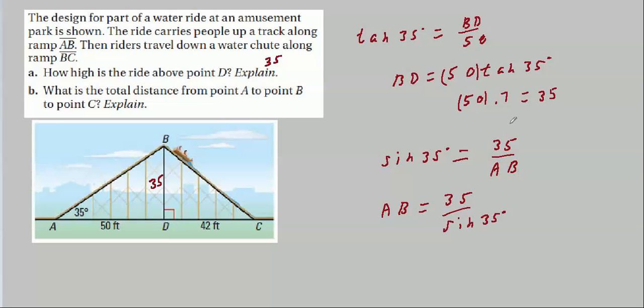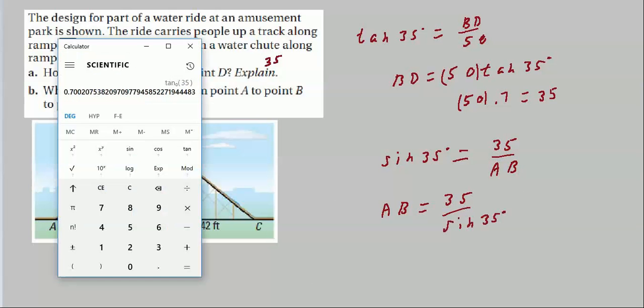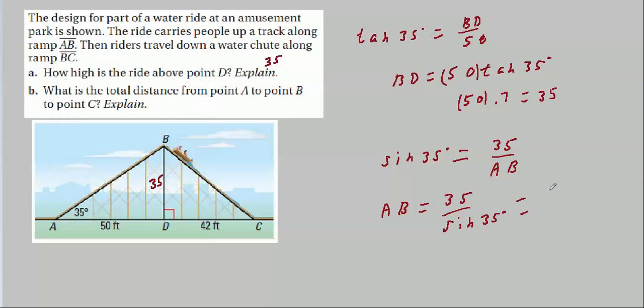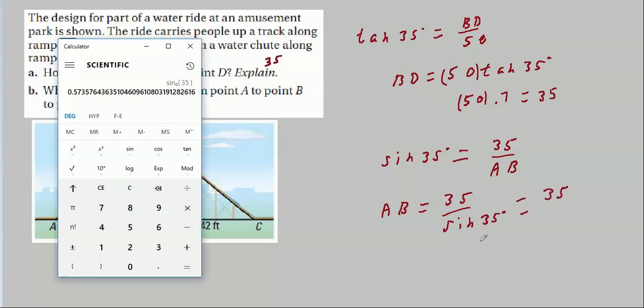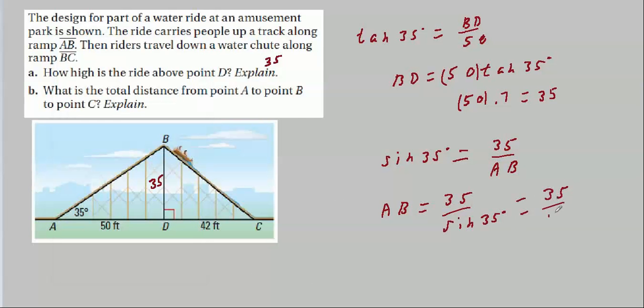Let's see how that works out. If I punch in 35 here, take the sine, I get 35 over, what was that again? 0.57. And when I work this out, I get 61.4 for AB.